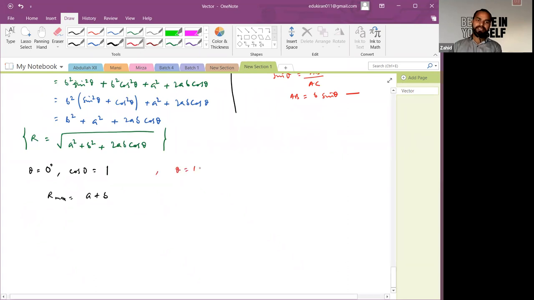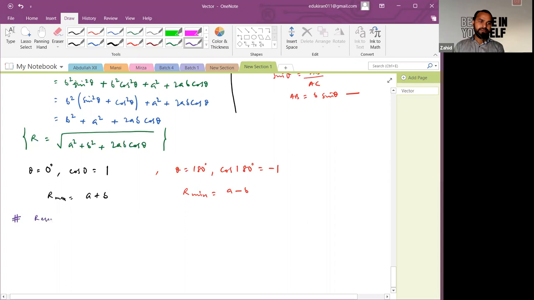Similarly, if theta is equals to 180 degree, cos of 180 degree will be minus 1. So if you put this term in this part, you will get resultant minimum as A minus B. Now, from this, we can conclude resultant of any two vector will lie from R minimum to R maximum. So we can say this will be the range of defining its resultant.